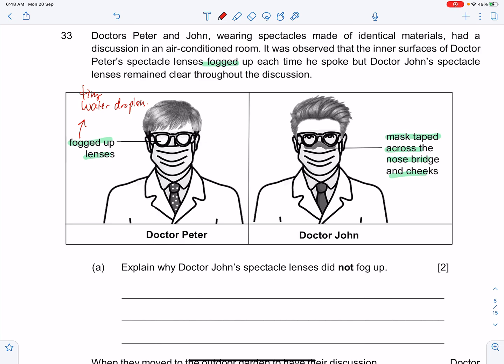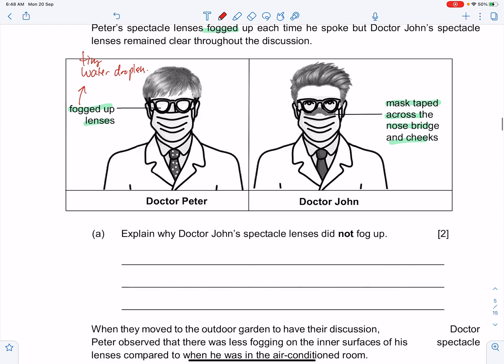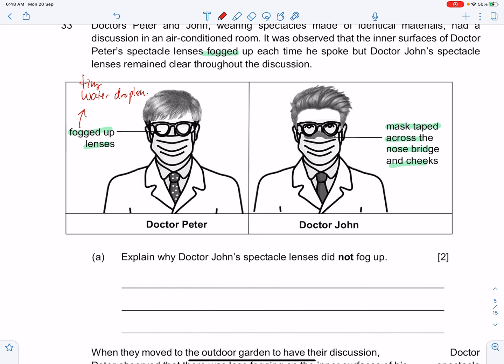And if there's some form of condensation happening, then you would want to look for the source of water vapor. So with that in mind, you would have already understood that the difference between these two is that this Dr. John probably had a source of water vapor being stopped, whereas this one, the source of water vapor is able to reach the lenses. So over here, they told you that the mask was taped up.